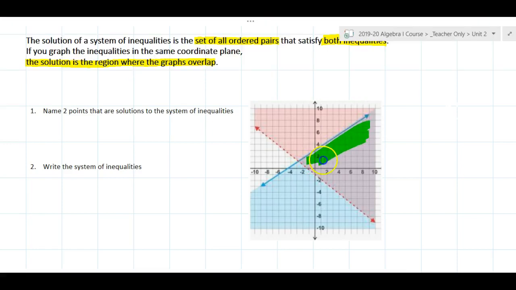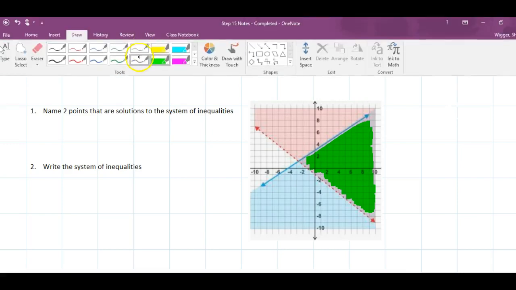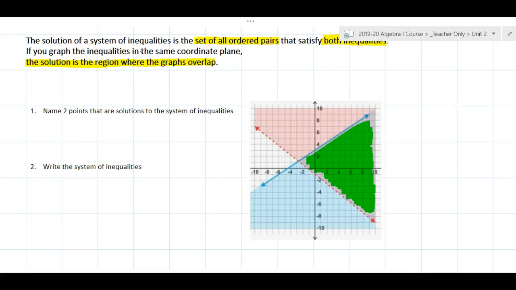So this region that satisfies both inequalities is where the solutions to the system lie. Name 2 points that are solutions to the system. Any points in this green region that I just highlighted are solutions.